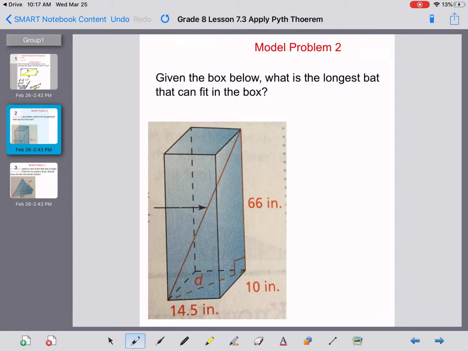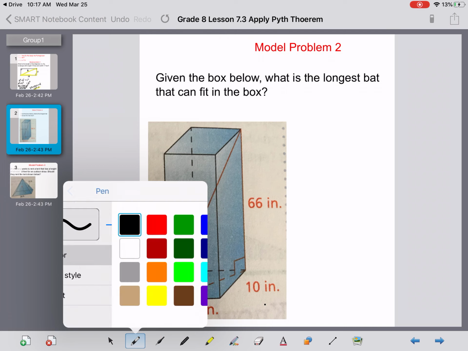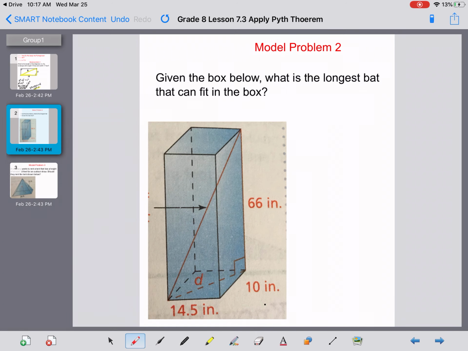When I look at this problem, the longest bat that can fit is the one that goes from this front left corner to this back right corner. So that would be this line right here. I notice that that line, even in the problem, has this right triangle drawn out for me.